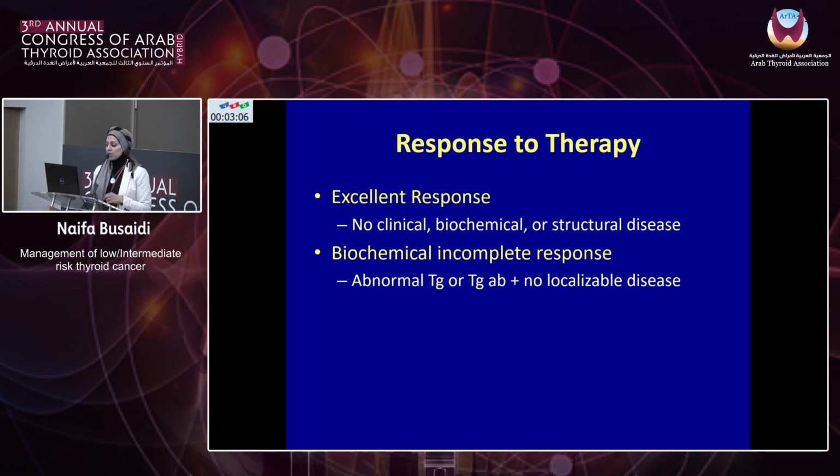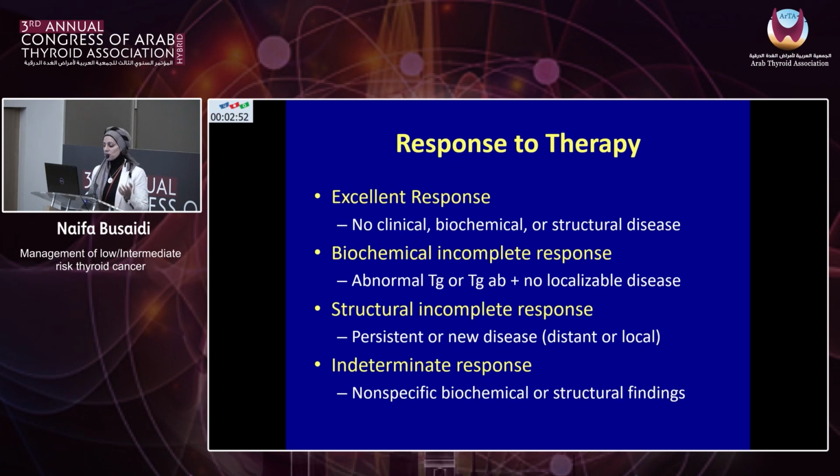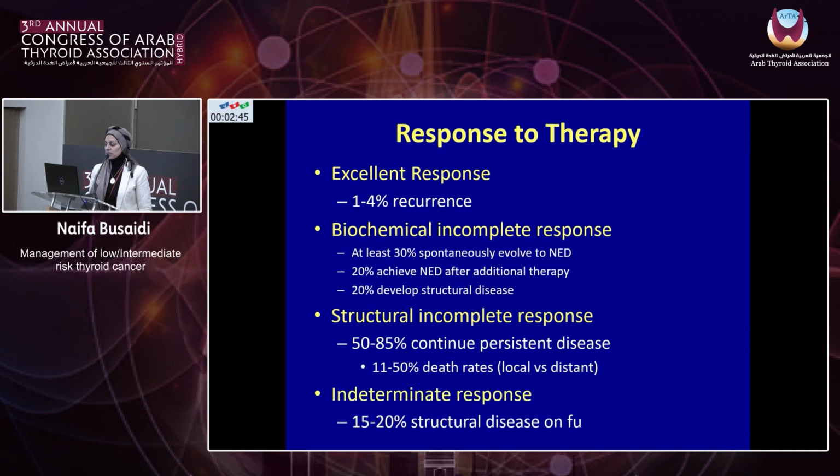If they're biochemical incomplete, their thyroglobulin or thyroglobulin antibodies were abnormal, but the ultrasound didn't show any evidence of disease. Structural incomplete is those who still have disease that we know is disease in their neck or distantly. And then indeterminate response is everybody else: some nonspecific biochemical or nonspecific ultrasound findings that you're not sure what it means. The reason this is important is each of these categories responds to a different risk of recurrence.